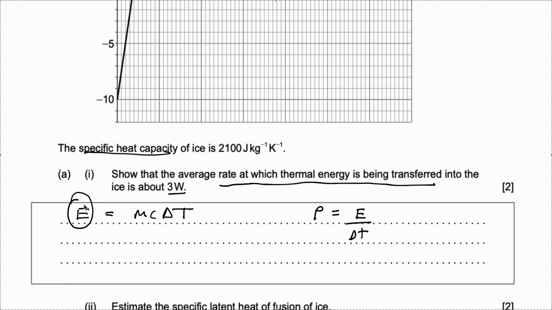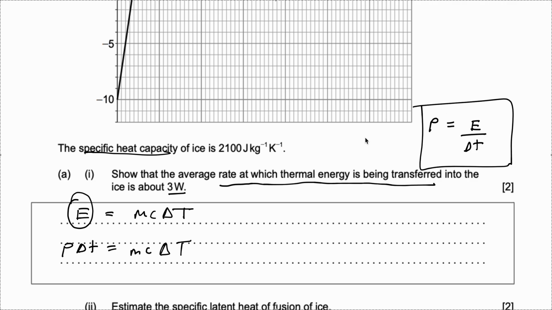We can rewrite E as P delta t equal to mc delta T. So power is mc delta T over small t.